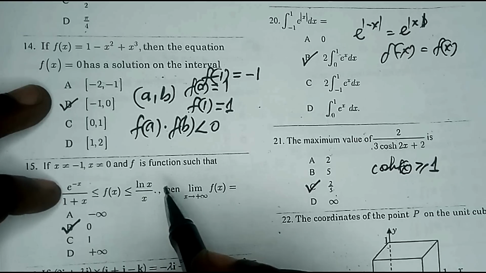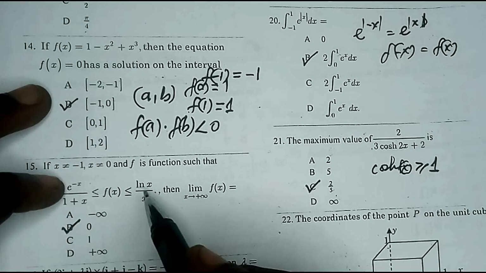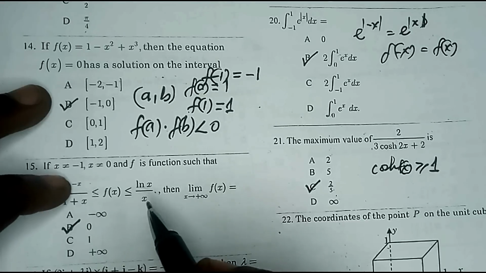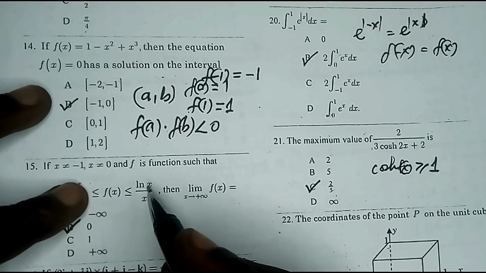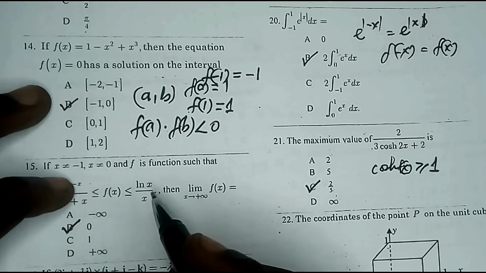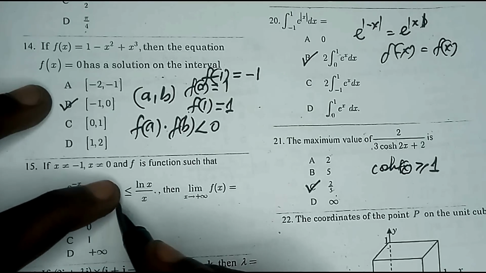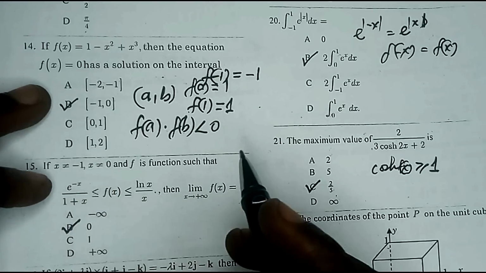It actually says if this statement is holding, then if the limit of this function to the left and that of this function to the right are the same, then the limit of f of x is also the same.